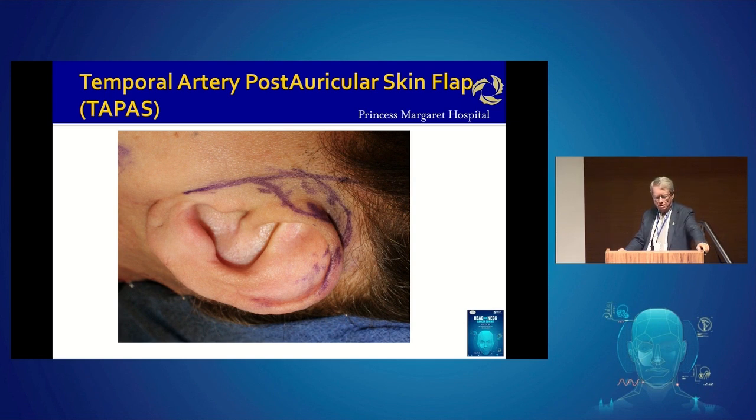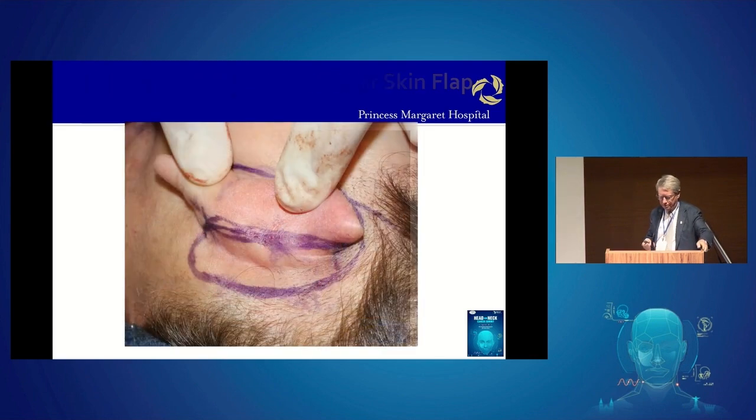And that's the temporal artery postauricular skin flap, otherwise known as the TAPIS flap. And the advantage of this flap is you can harvest the postauricular skin on the superficial temporal vessels and have a very thin, pliable reconstruction without a defect in terms of the donor site.